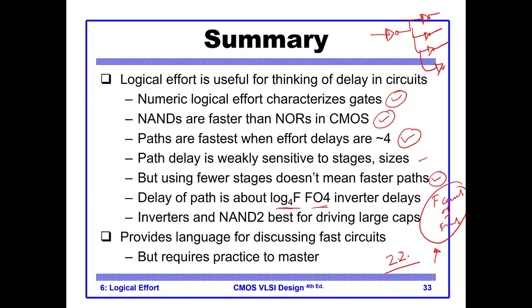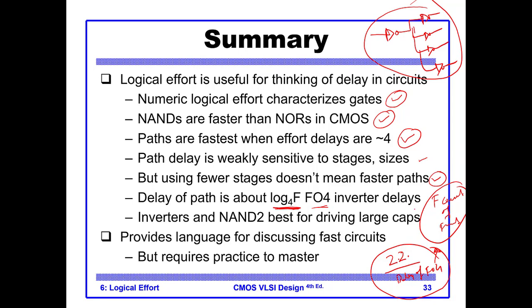We have seen one example of this. You divide it by the delay of FO4, and you get the delay in terms of FO4 delays. So basically, log 4 of F is the delay in FO4 delays.